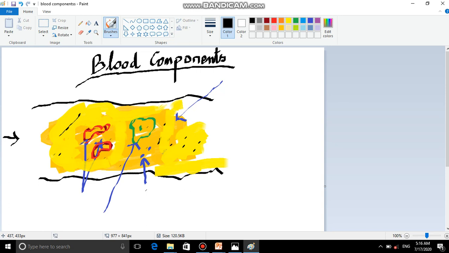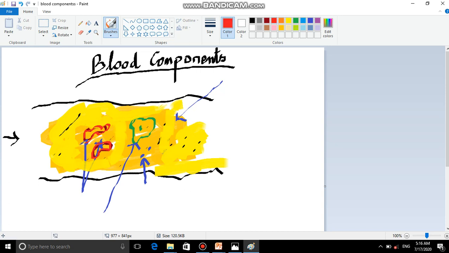Along with this blood plasma, various formed elements, RBC, WBC and platelets, are suspended in blood plasma. Take a note of this: the word suspended is different from dissolved. Different formed elements, WBC, RBC, blood platelets, are suspended in plasma.